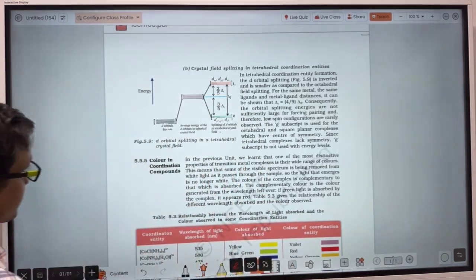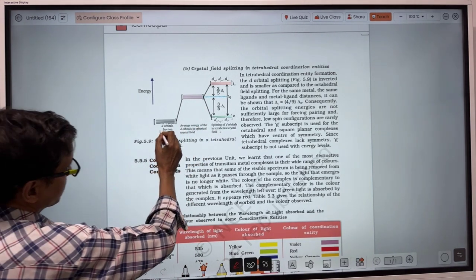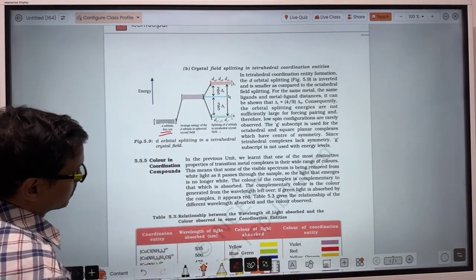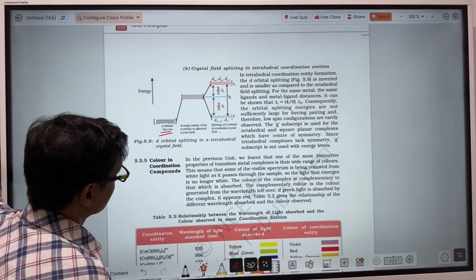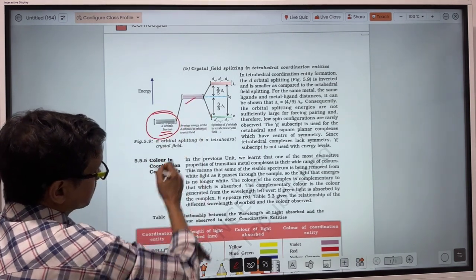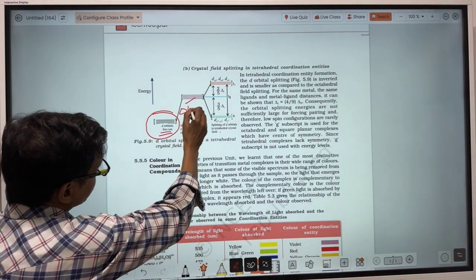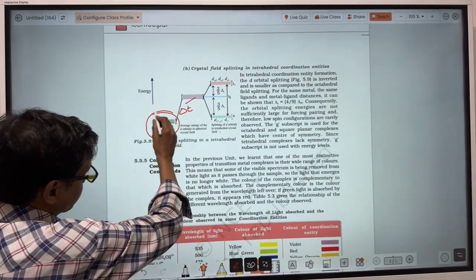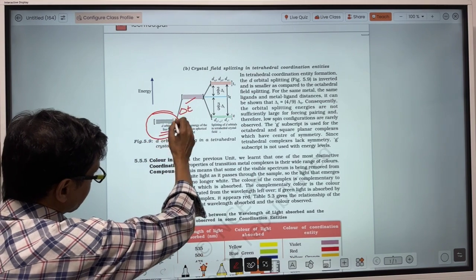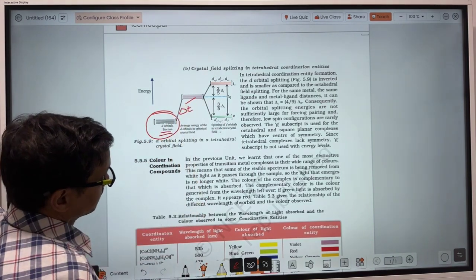So once there is bond formation, the energy of these d orbitals will increase to this value, which will be called delta T.